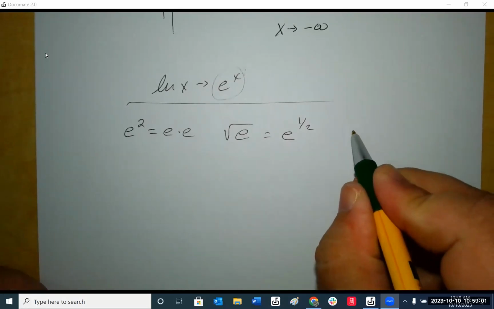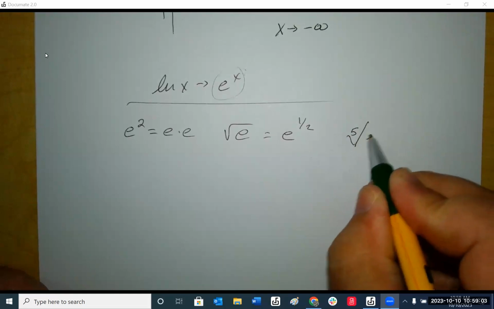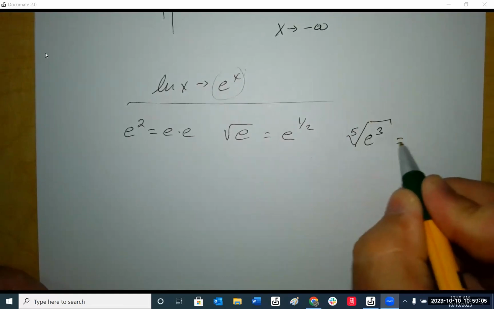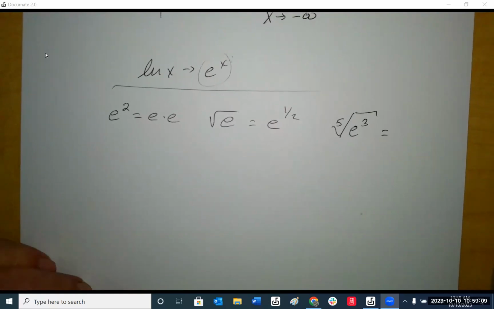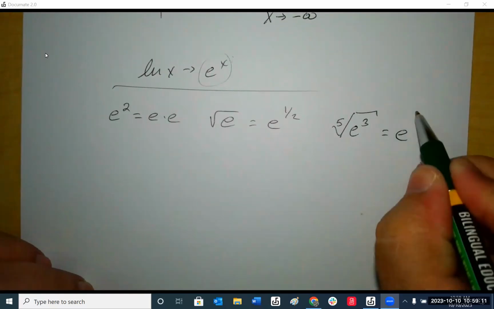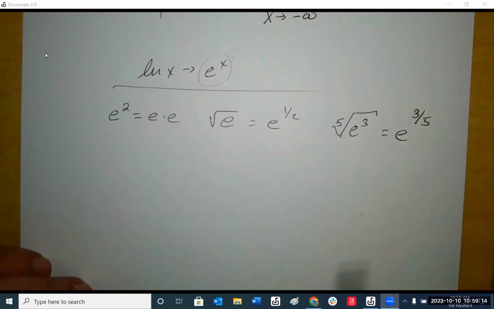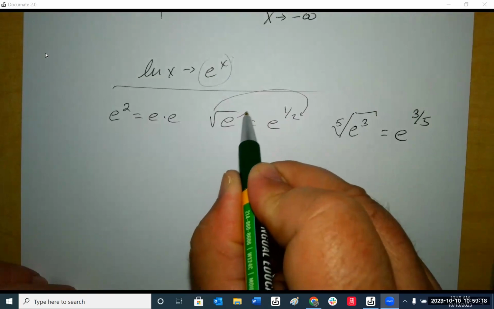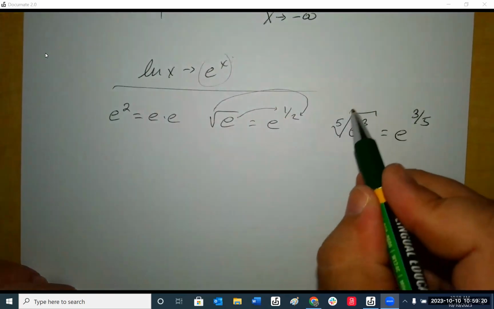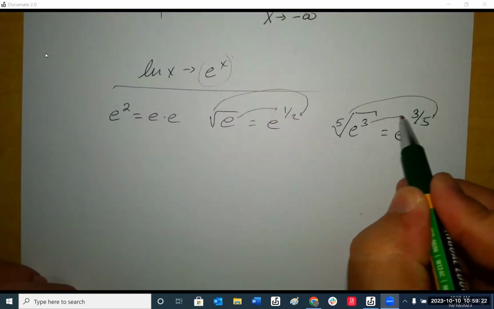How about if I gave you this? The root always goes on the bottom and the exponent goes on top.